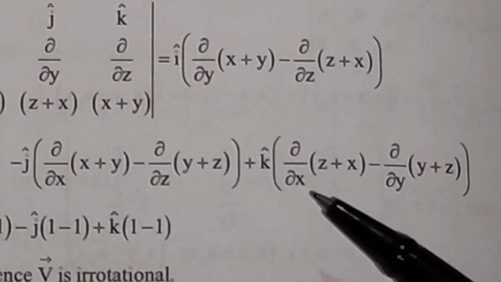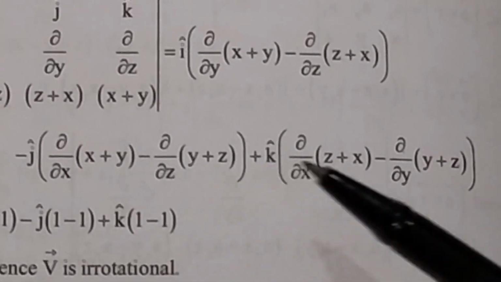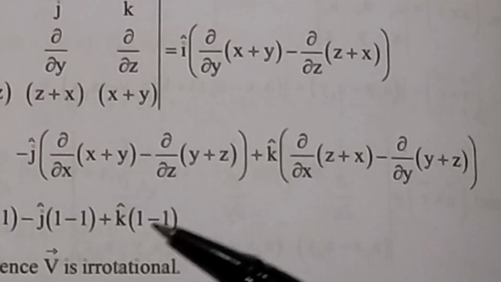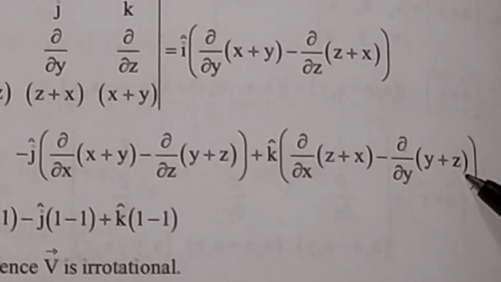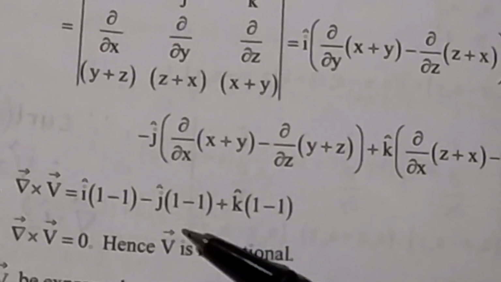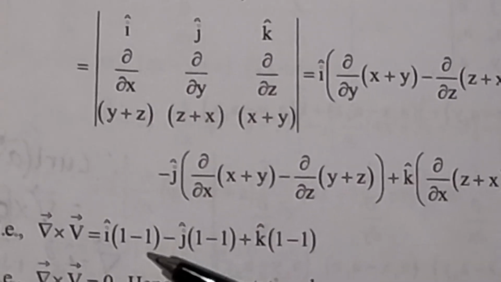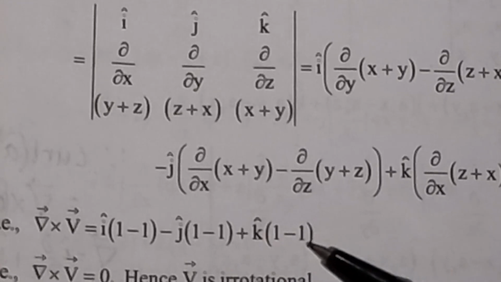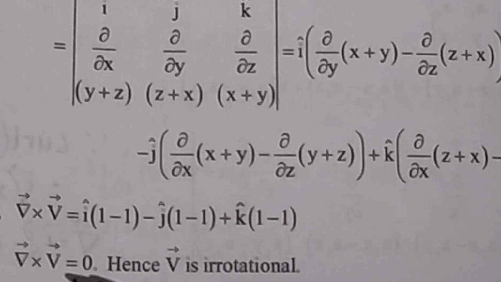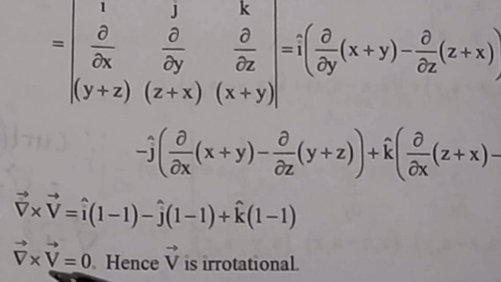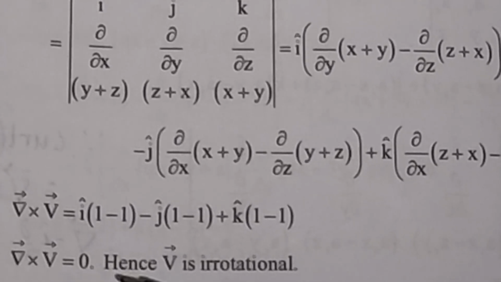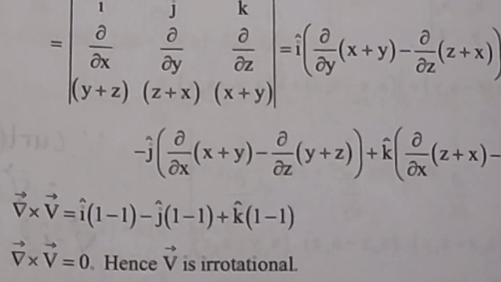Similarly, for the third term, k cap, the partial derivative of z plus x with respect to x is equal to 1, and the partial derivative of y plus z with respect to y is equal to 1, and this will cancel. 1 minus 1, 1 minus 1, 1 minus 1. So the right hand side will be equal to 0. So the curl of the velocity vector, that is del cross v, is equal to 0. Since del cross v equal to 0, v is irrotational.